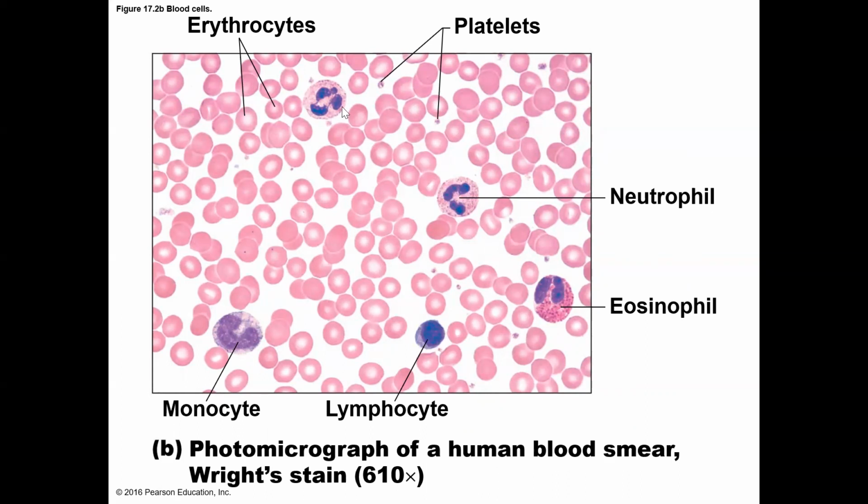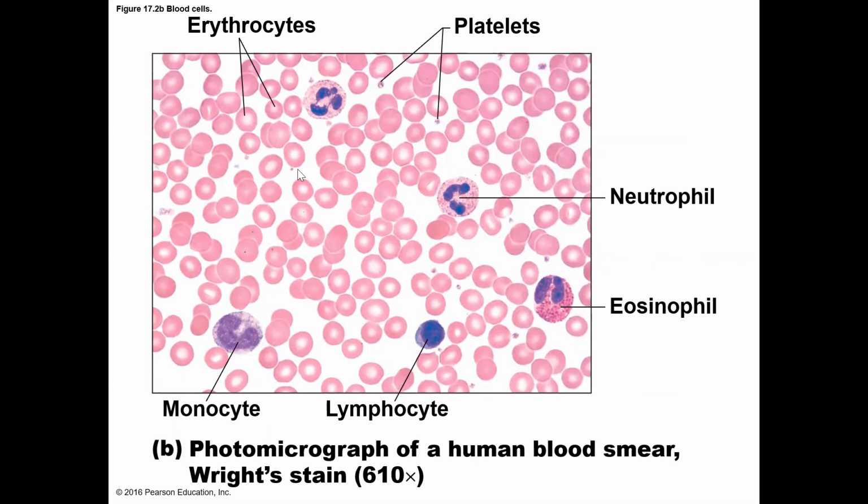All of the dark purple are nuclei. Well, this is the monocyte. Look at the big giant nucleus in the middle. So this is a sample of a blood smear showing you different types of cells. There are little tiny structures here. These are the platelets, and the platelets are responsible for clotting.